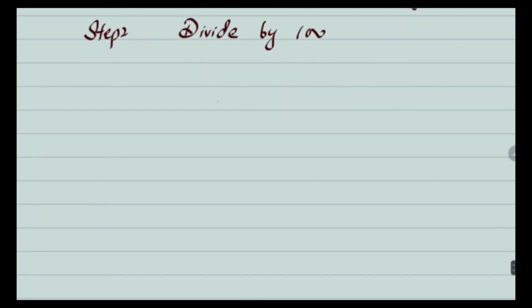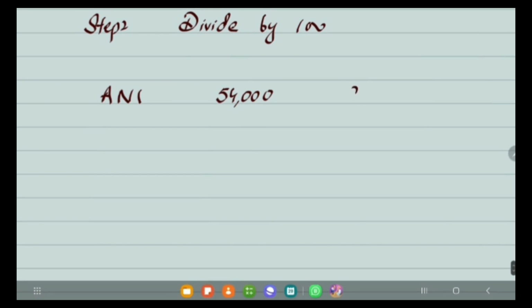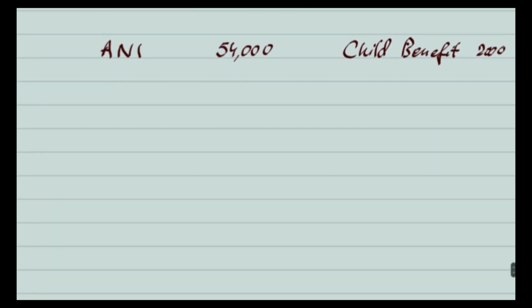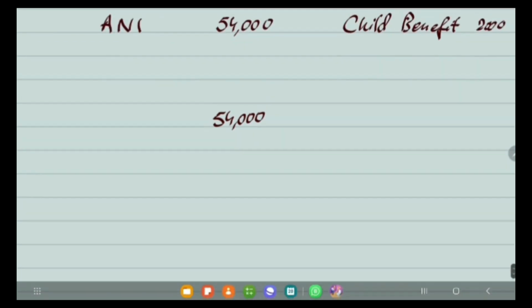So for example, if a person has an adjusted net income of 54,000 and he has received child benefit of 2,000. This is the example. So first we need to calculate his tax liability simply. He has 54,000 of adjusted net income.